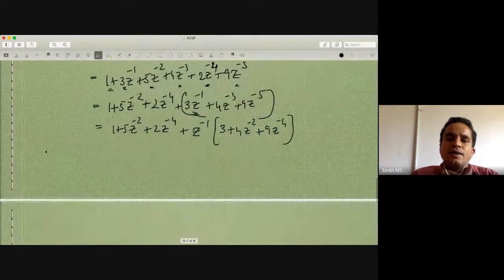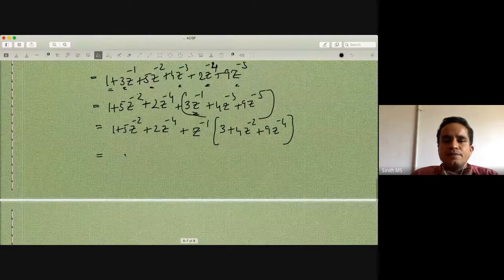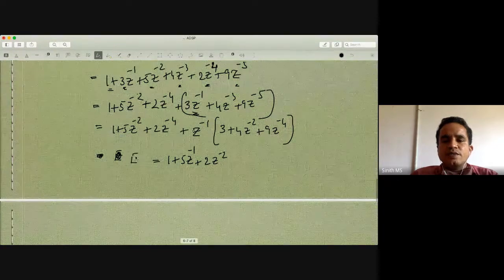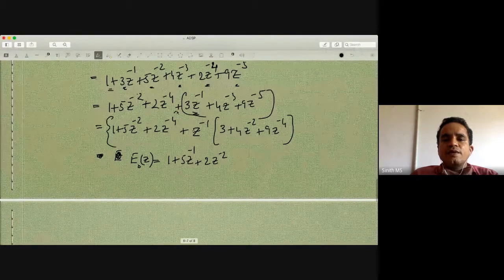Suppose I write 1 plus 5z inverse plus 2z raised to minus 2 as a new function, say E0(z). What is this first term? Can anyone tell?